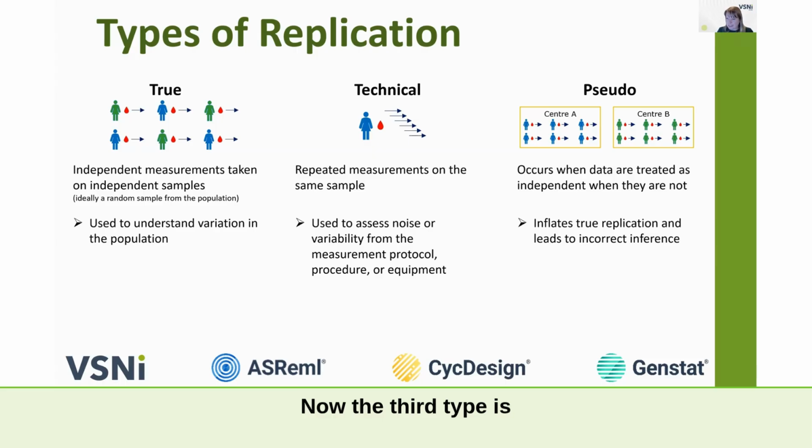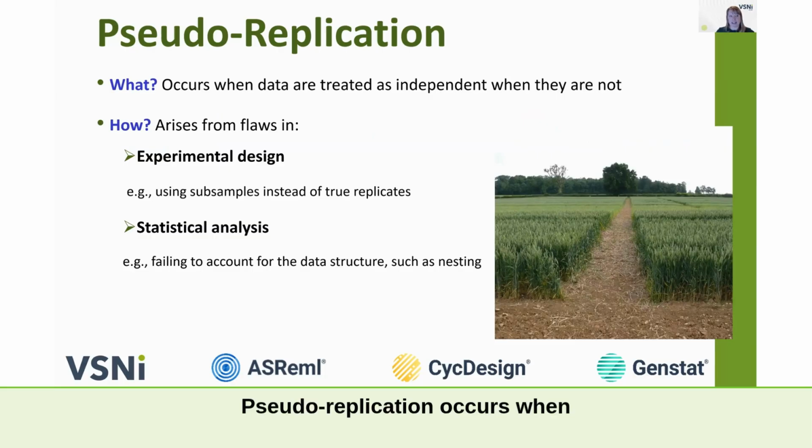The third type is pseudo-replication, and this is the bad type. Pseudo-replication occurs when data are treated as independent when they are not. It can arise in two ways. Firstly, we can make mistakes in our experimental design, for example, we could use subsamples instead of true replicates.